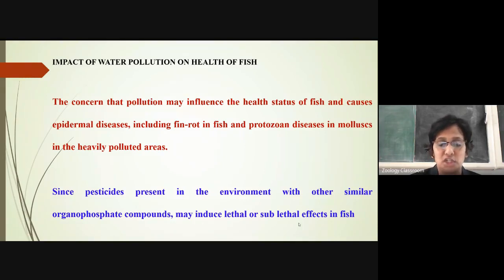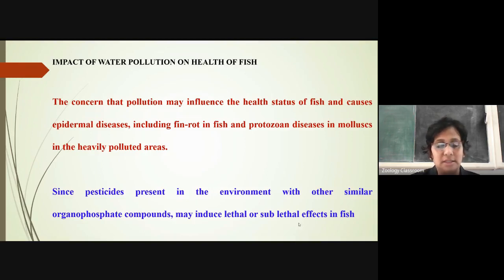fin rot in fish, then protozoan diseases in mollusks, and in heavily polluted areas. But in general, the diseases in fish as well as in shellfishes are very localized, but there is a concern among scientists about certain cancers, especially liver tumors occurring in fish inhabiting polluted estuarine and coastal waters.